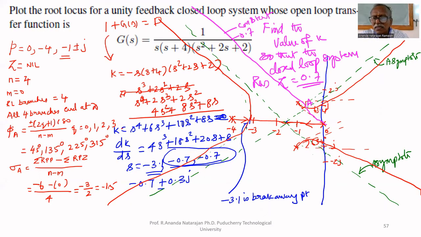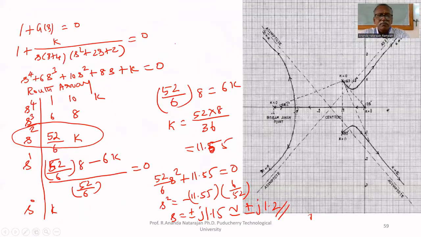Suppose let us assume A equals 0.8 plus j 0.8. How to find the magnitude from A to all poles?